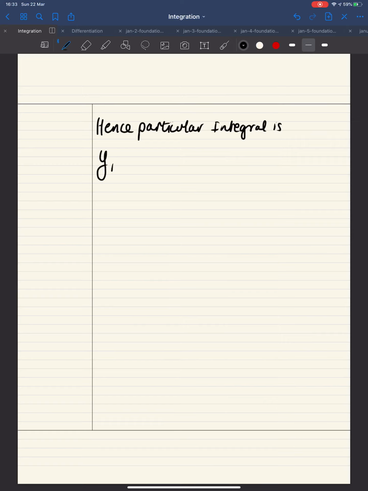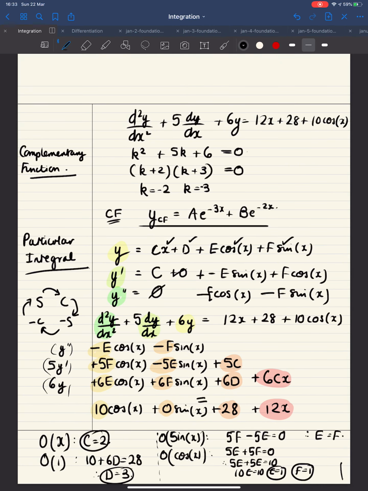Right, so hence the particular integral is 2x plus 3 plus cos x plus sin x. So that's the particular integral.